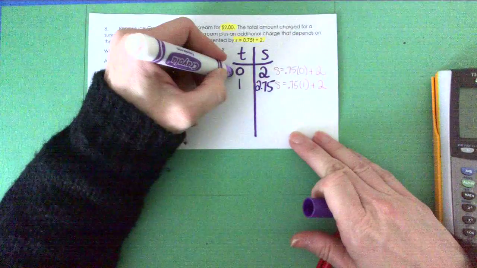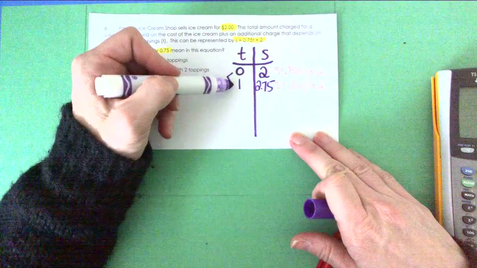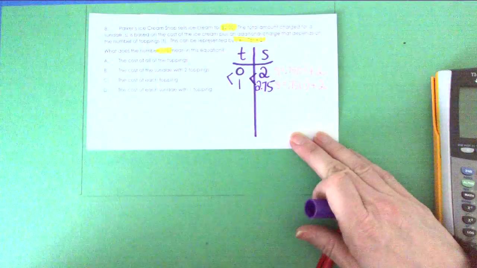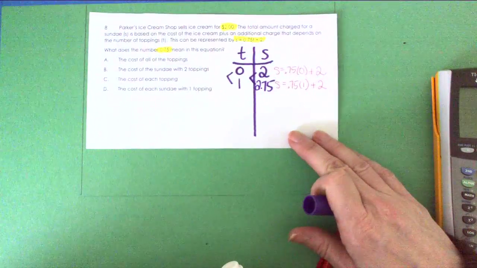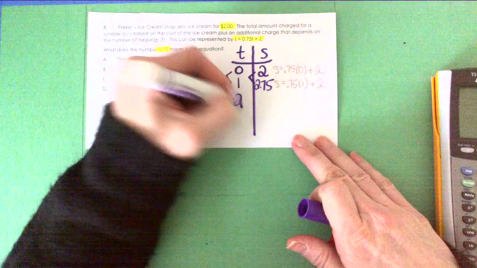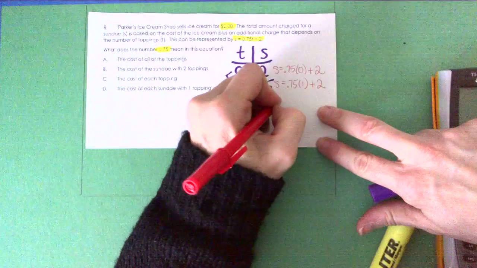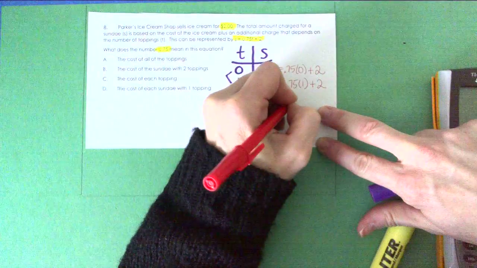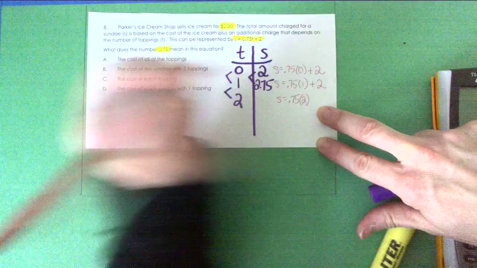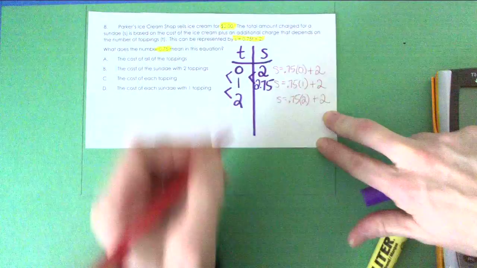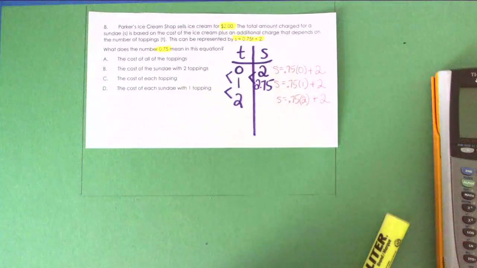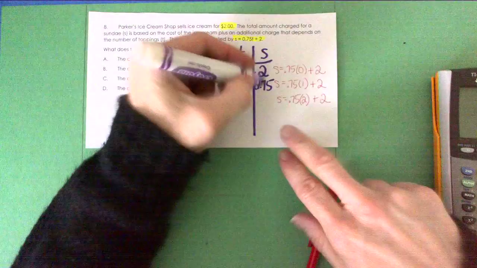So going from 0 toppings to 1 topping costs me 75 cents extra. All right, what if I get 2 toppings on my sundae? Well, I'm going to take 0.75 times 2 toppings, plus the baseline, 2, and that's going to give me $3.50.